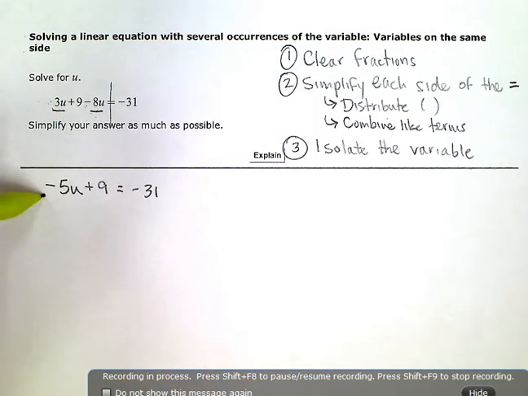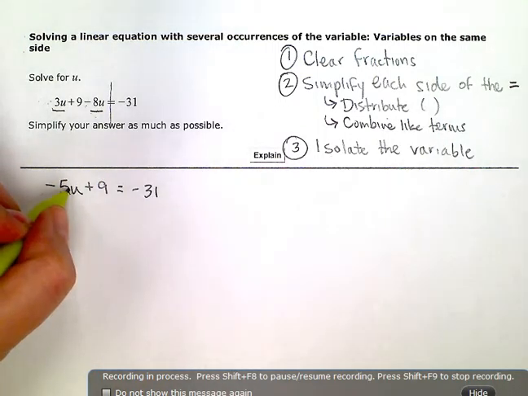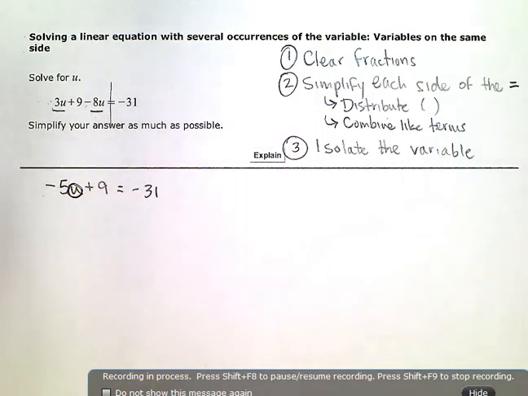This is where the actual solve process comes in. Isolate just means get the variable by itself. So I like to think of this as like an onion skin method, where I'm going to put a circle around the variable that I want to get by itself. It's a u in this case.